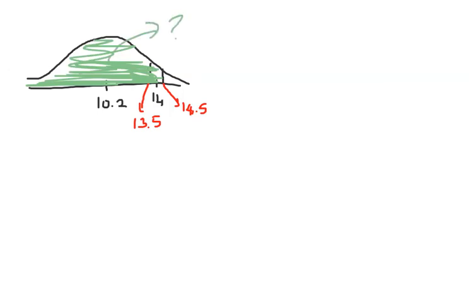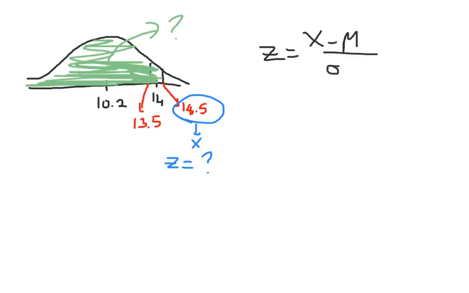So we are looking for this area. I know that the x value which I am looking for is 14.5, and I need to find the z-score for this part. How are we going to find the z-score? I know that z is equal to x minus mu over sigma.